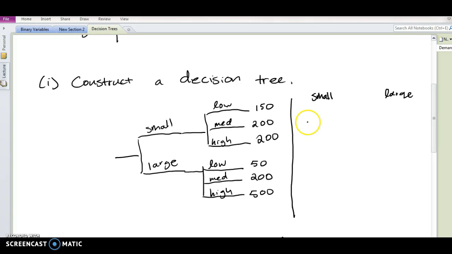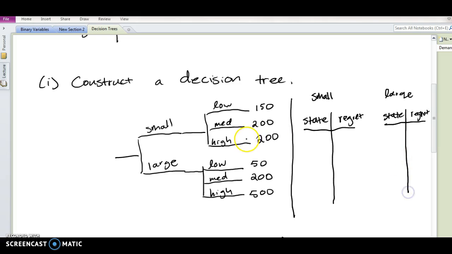And what we're going to do is have the state and the regret, and then same thing over here, the state and the regret. The regret is basically what your value in the given state is, and you subtract.